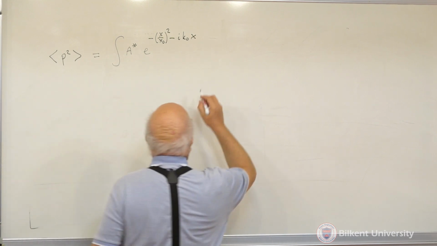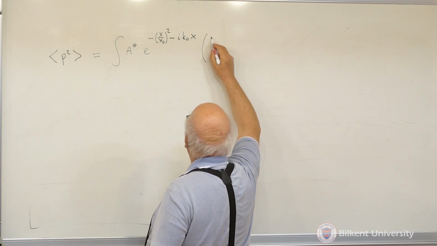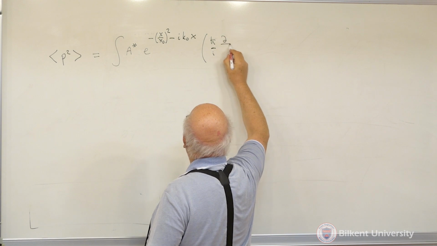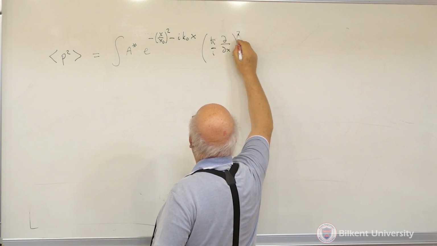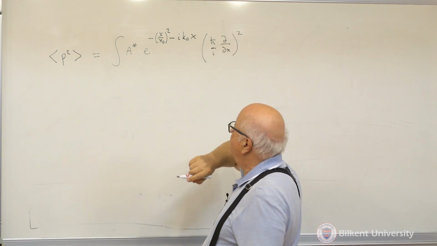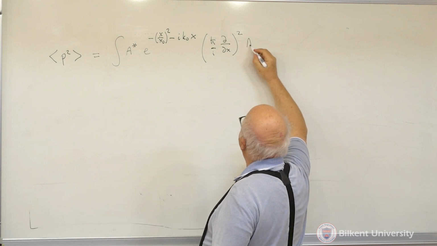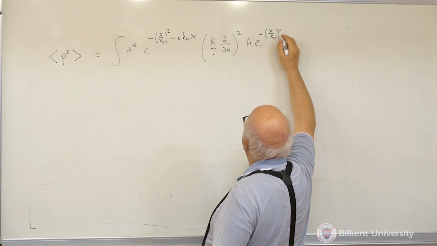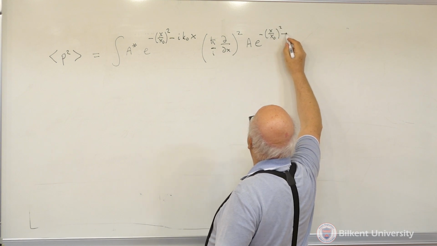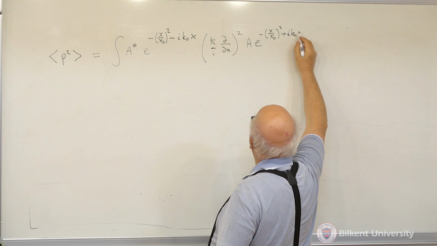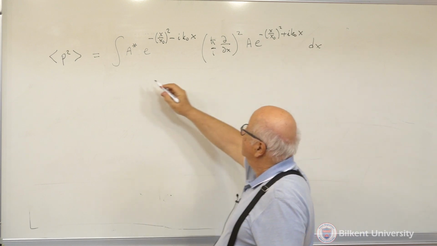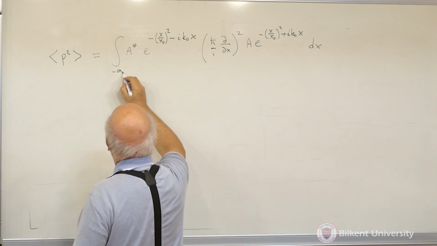And then I'll have a second derivative, so h bar over i, and del x squared, times the wave function again, a e to the minus (x over x0) squared plus i k0 x. And I integrate this thing from minus infinity to infinity.